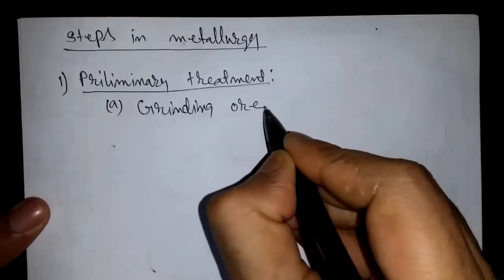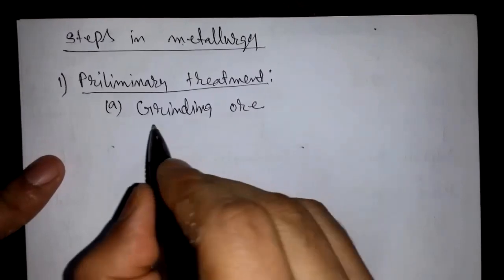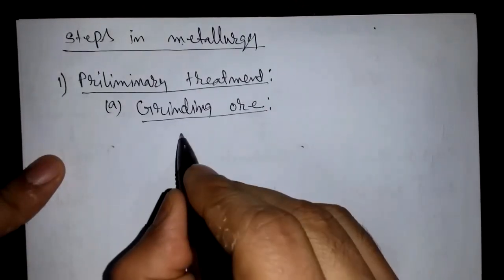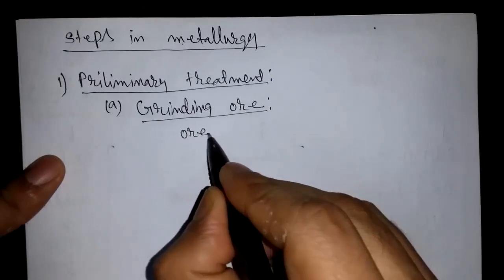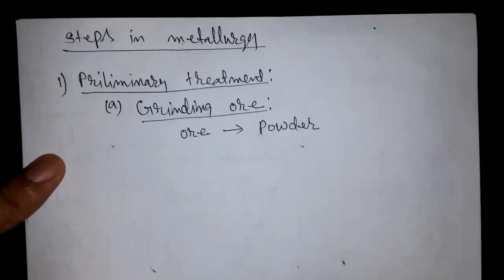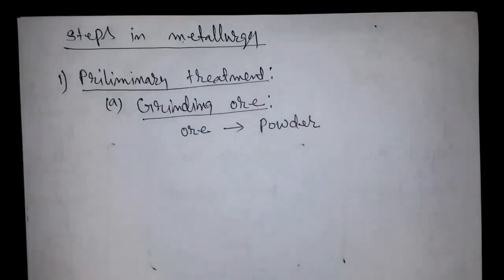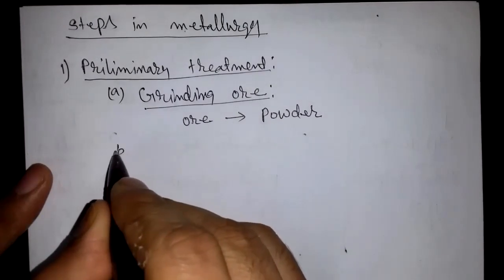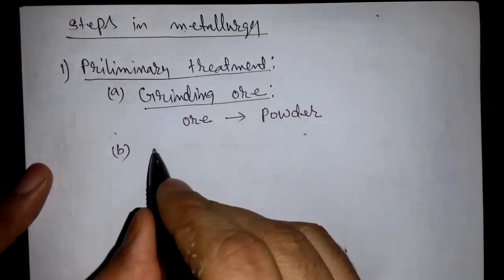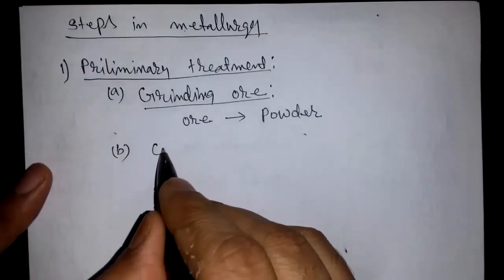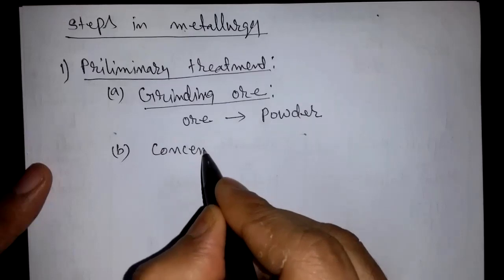With the help of a machine, the ore is crushed into powder, so that the next process becomes easier to handle. Then another process, also under preliminary treatment and more important, is called concentration.